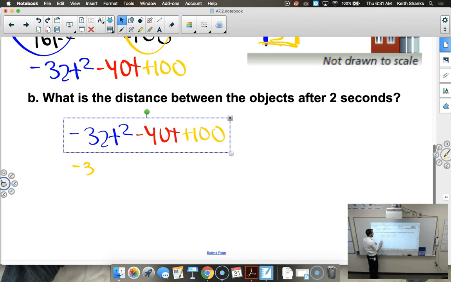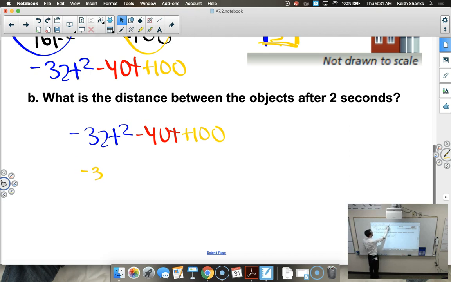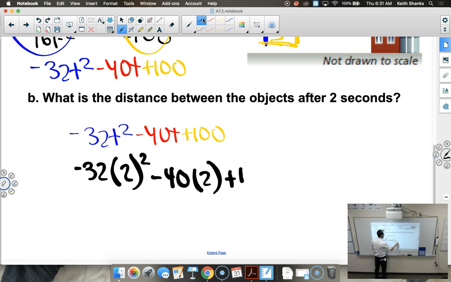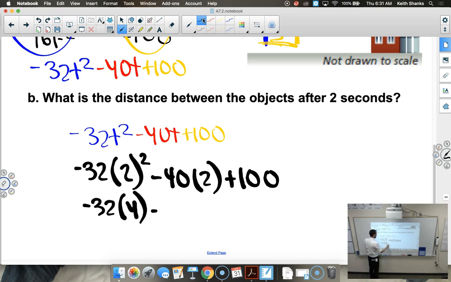So negative 32. Switch this out. All right. Negative 32 times 2 squared minus 40 times 2 plus 100. All right. Negative 32 times 4 minus 80 plus 100.